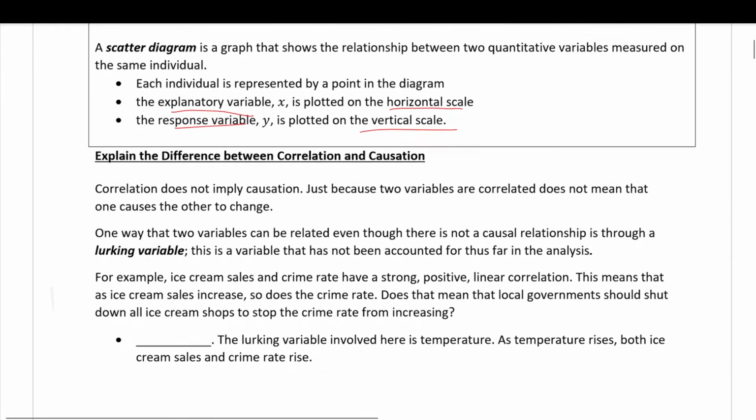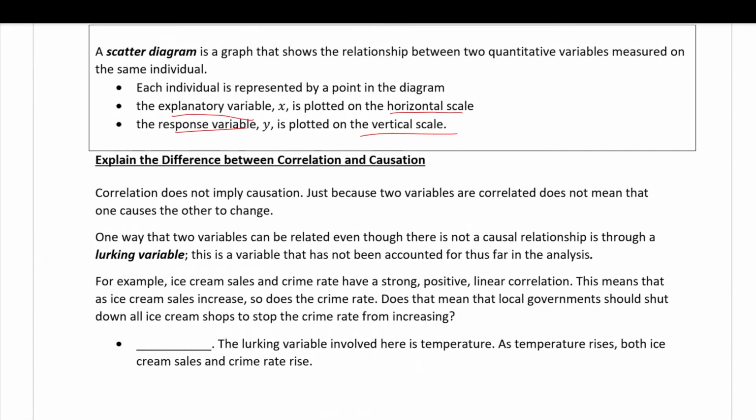So for example, ice cream sales and crime rate have a strong positive linear correlation. This means that as ice cream sales increase, so does crime rate. And when there's more and more people purchasing ice cream, crime rate just happens to also go up. Does this mean that local governments should shut down all ice cream shops to stop crime rate from increasing?